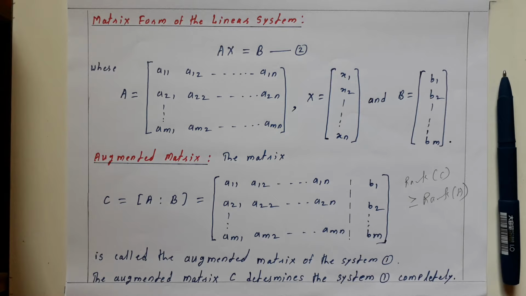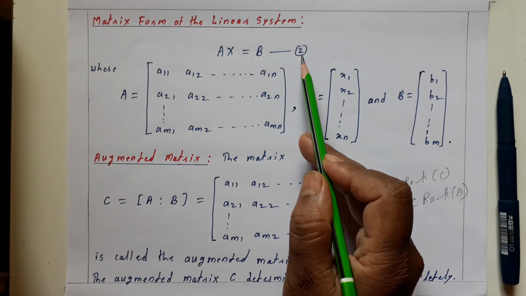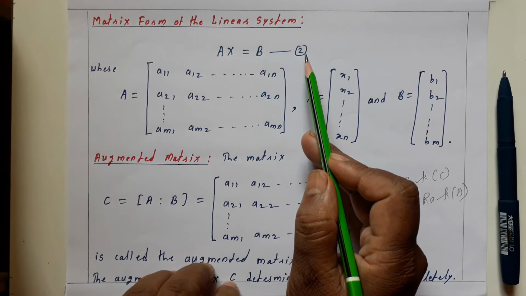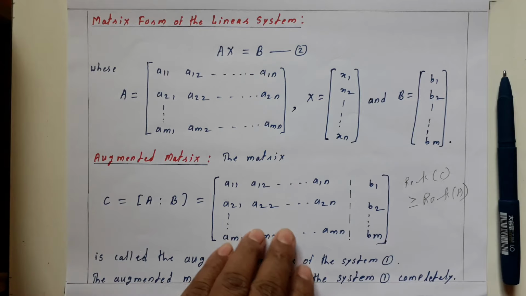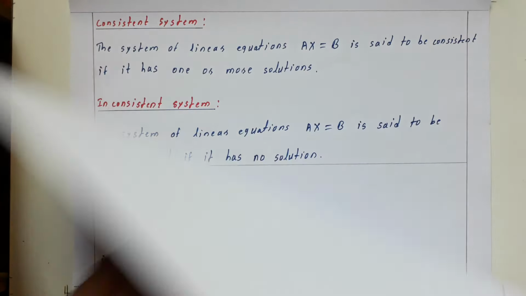Now if we have to find out the solution of this linear system 1 or 2, then there are three possibilities.